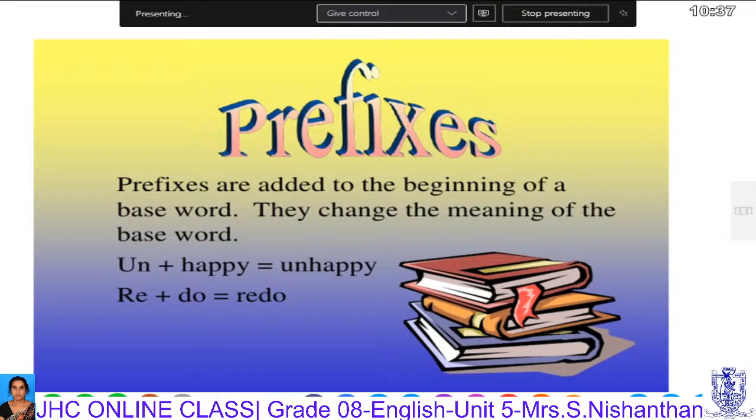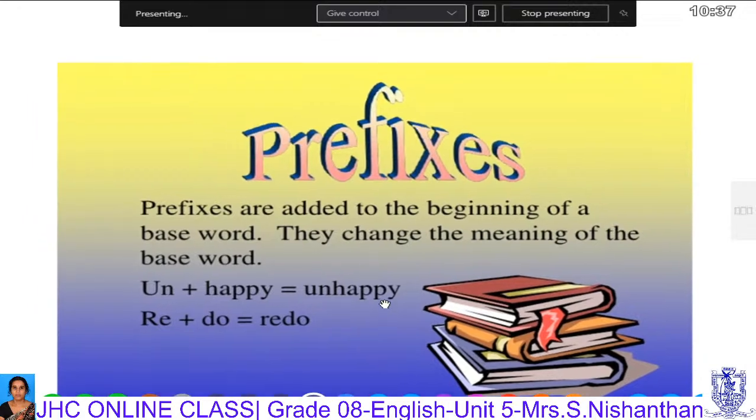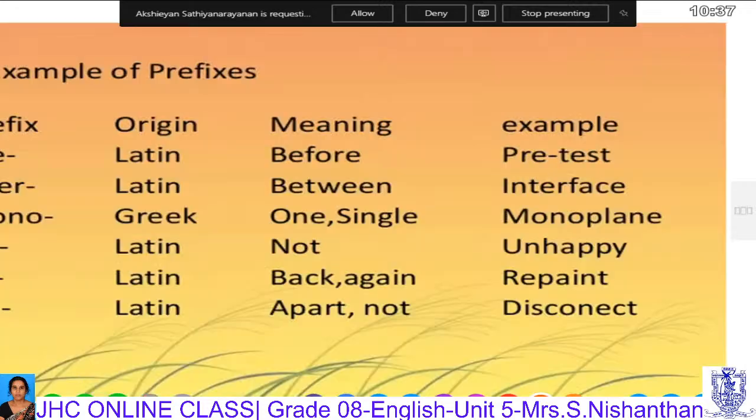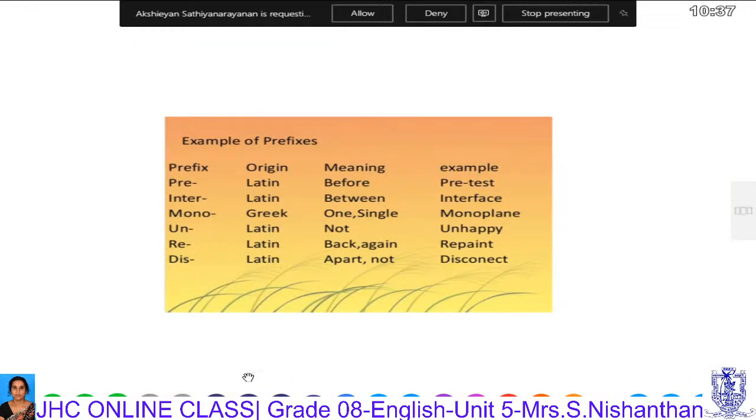Mostly they give the opposite, not at all times, but mostly. Un plus happy, unhappy. Re plus do, redo. Do it again, that is the meaning. And now some commonly used prefixes are given here.